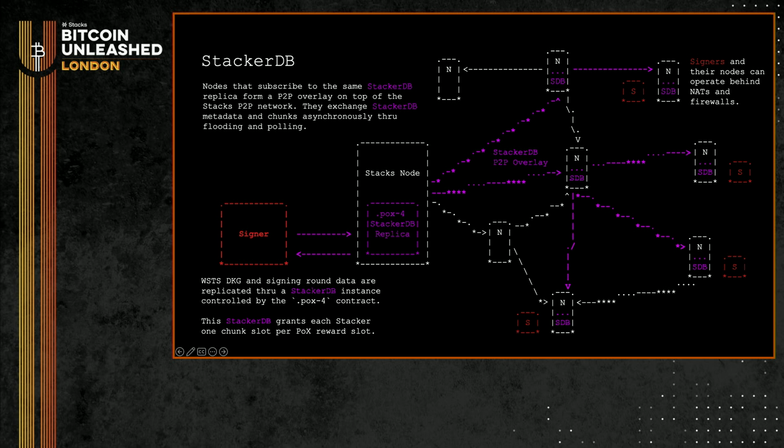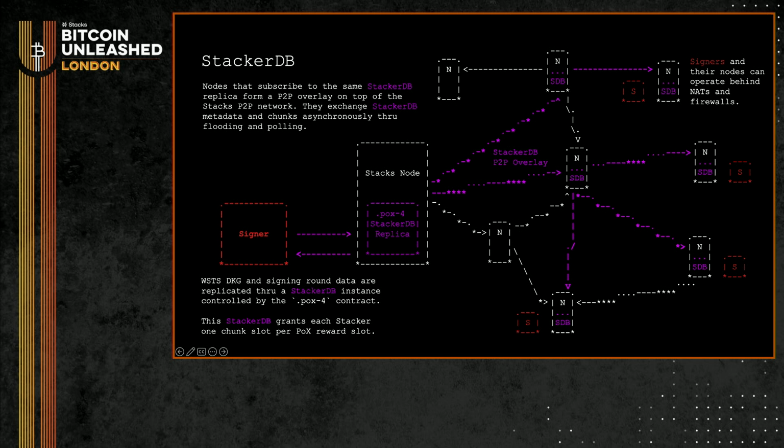Every stacker subscribes to it. When they run their signer, the signer stores DKG and signing state into the replica, and their local replica talks to other Stacks nodes that know about this StackerDB instance and forwards those chunks along. So every node that subscribes maintains a full copy of that StackerDB.